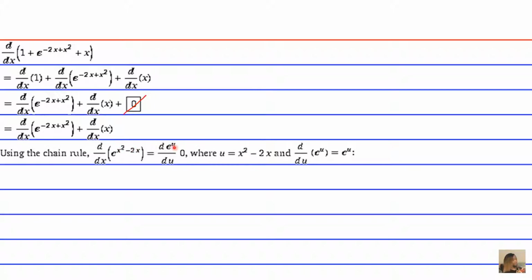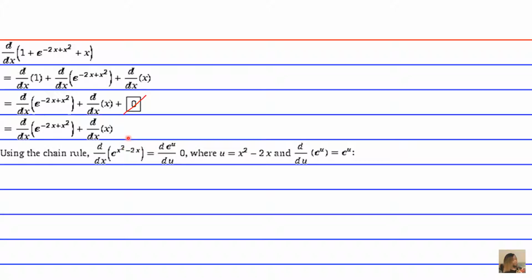So we're just going to let this complicated term in the exponent be equivalent to u. So now we're taking the derivative with respect to u of e to the u times the derivative.